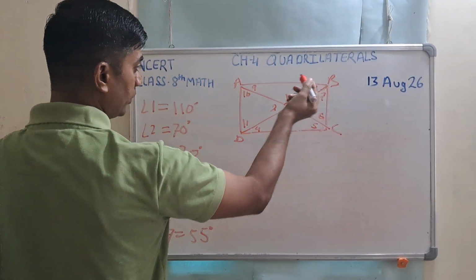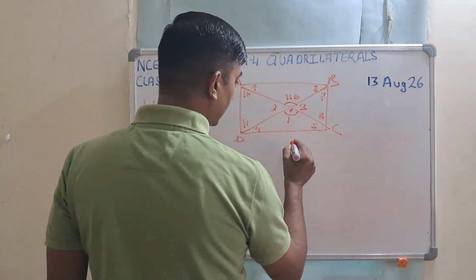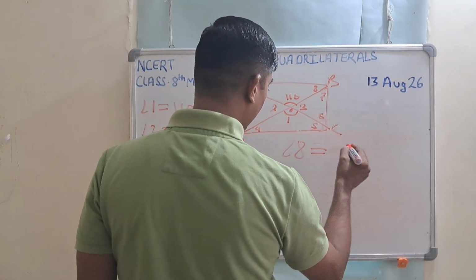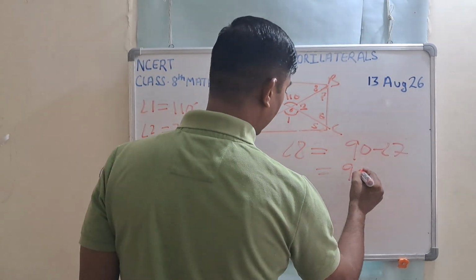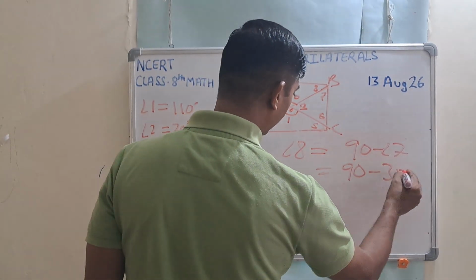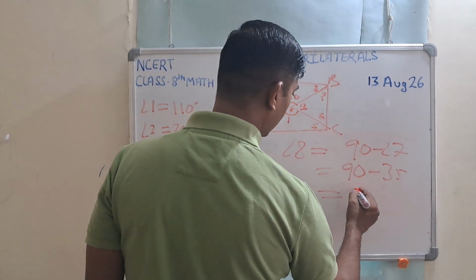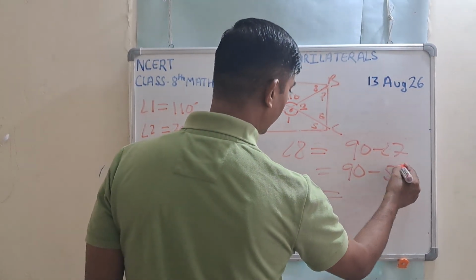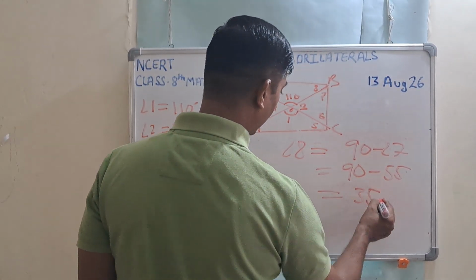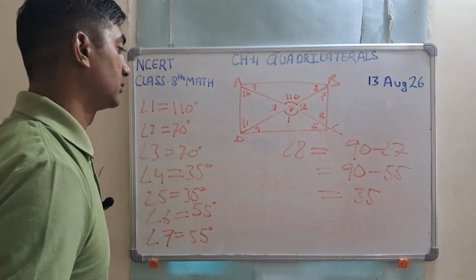In the same way you can find out angle 8. Angle 8 is equal to 90 minus angle 7, that is 90 minus 55, which is actually 35. Understood?